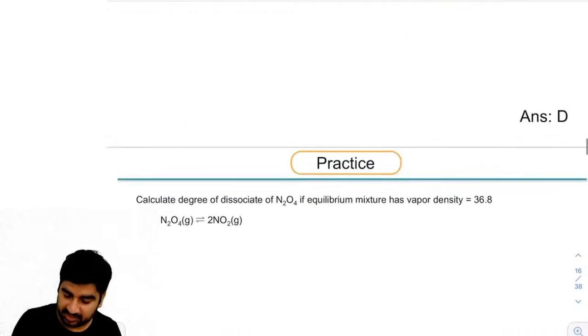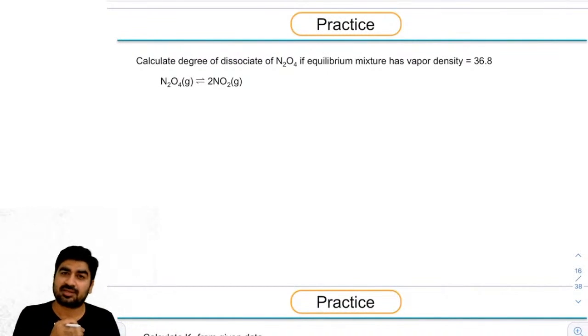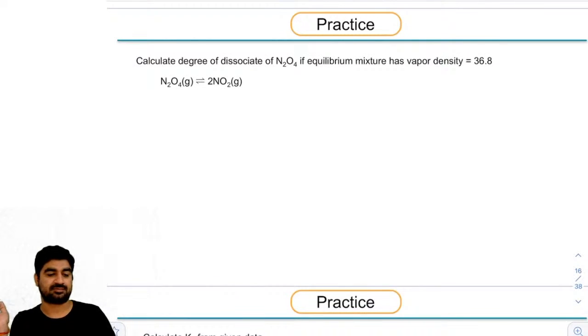Yes, let's move to the next problem now. Do this one. It's a simple problem, and I have already taken a similar problem. Yes, after mole concept, you can start states of matter, the gaseous state.